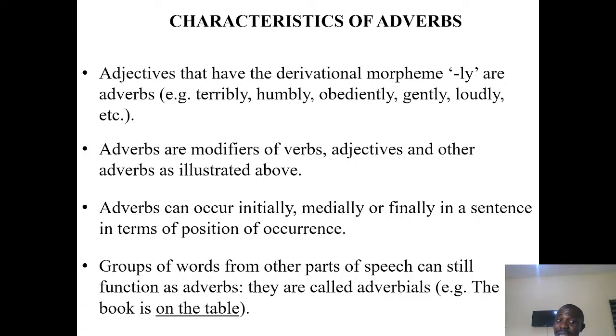The phrase on the table, with a preposition, a determiner, and a noun, is functioning as an adverb. It's telling us the particular place in which the book is. So these three words, a group of words, are functioning as an adverb.